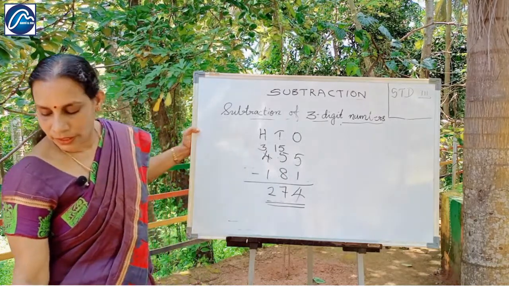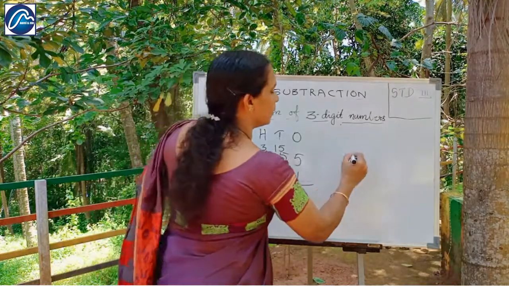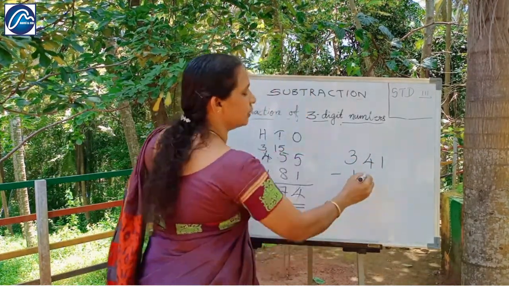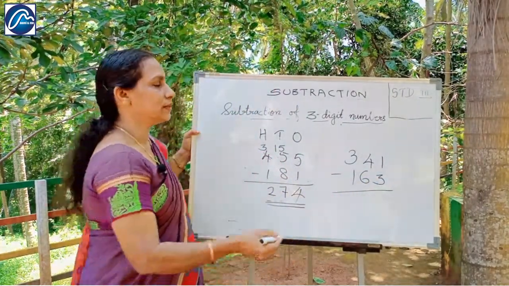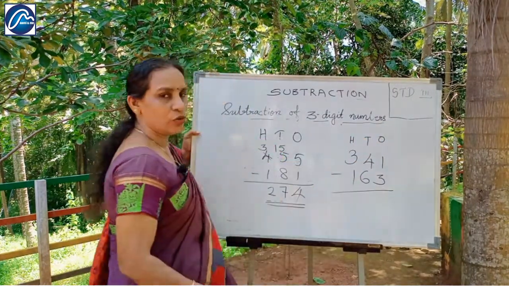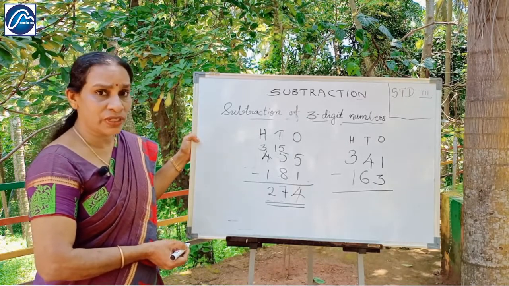Next, I'll give one more example for you. 341 minus 163. Here ones, tens, hundreds. What is 1 minus 3? Can you subtract 3 from 1?